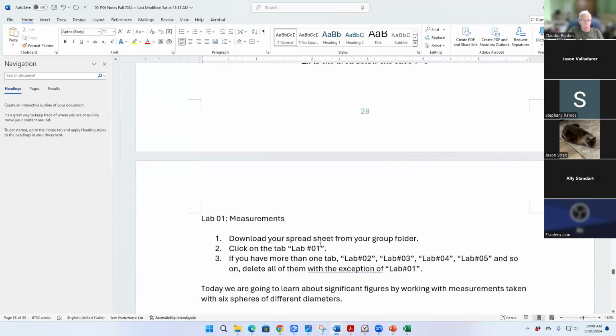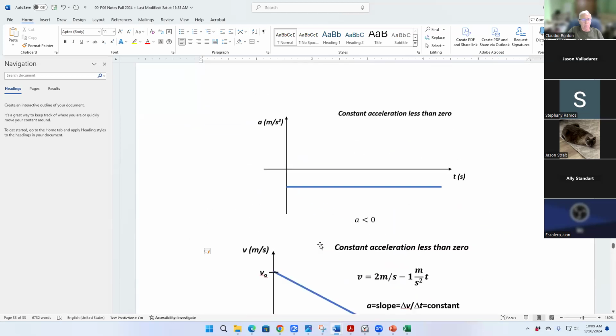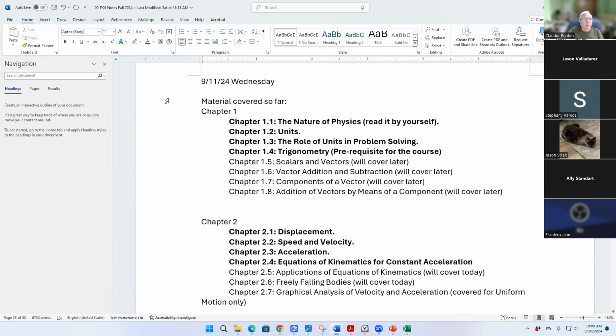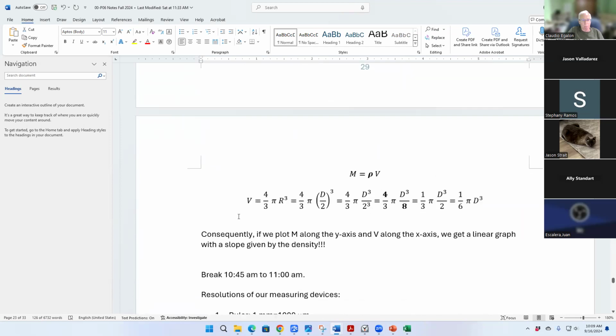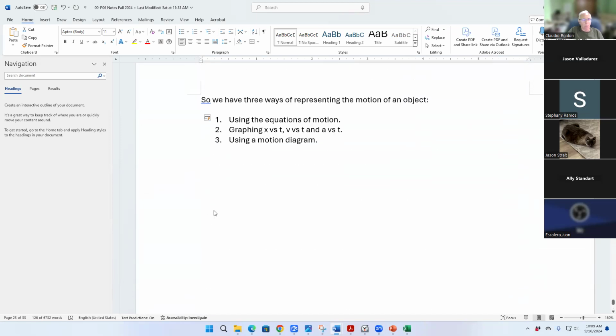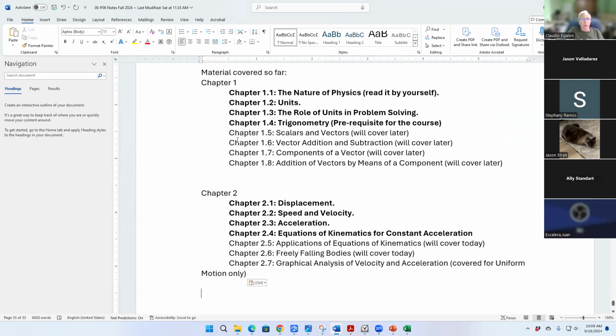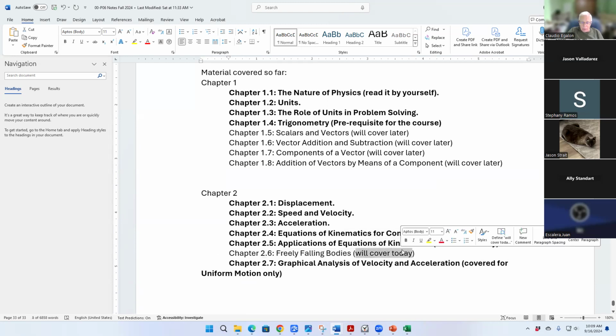Displacement, speed, velocity, acceleration, equations of kinematics, and graphical analysis of velocity and acceleration we did cover. And now we're going to talk about freely falling objects, which we couldn't cover last time.